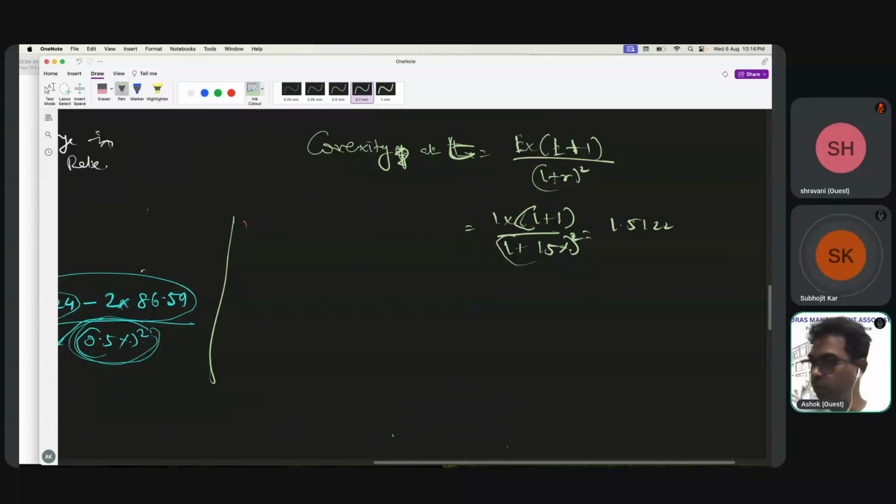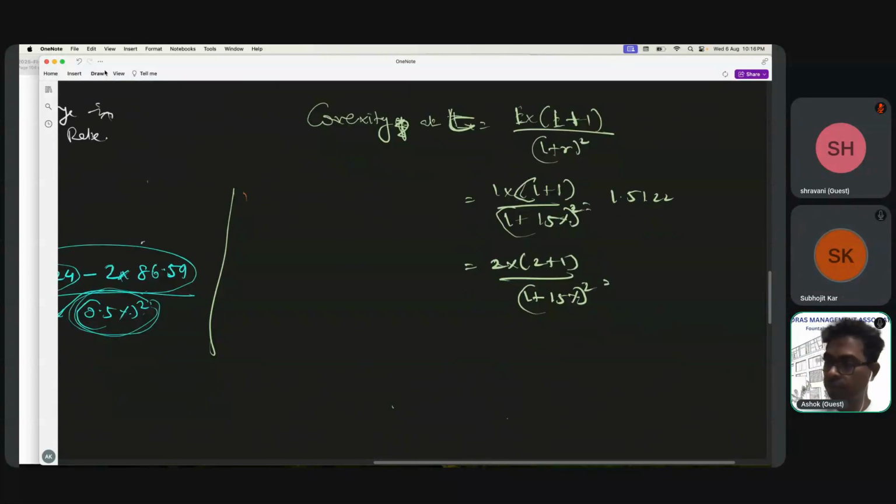Keep it in store 1. For the second year it will be 2 into 2 plus 1 divided by 1 plus 15 percentage, square. Calculate. 4.5368.